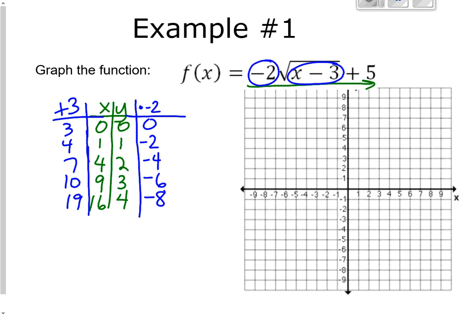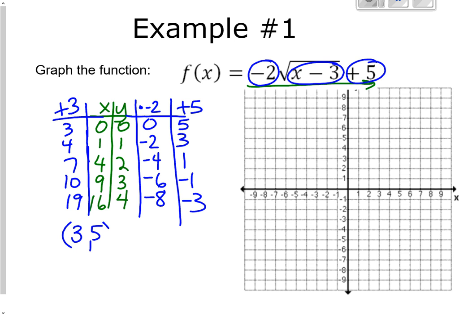And last and not least, here we have this plus 5 at the end being added to the whole function. So I'm going to go over here to my y values, and I'm going to add 5 to each of these. I get 5, 3, 1, -1, and -3. So now what I'm looking at are these points: 3, 5; 4, 3; 7, 1; 10, -1; and 19, -3.